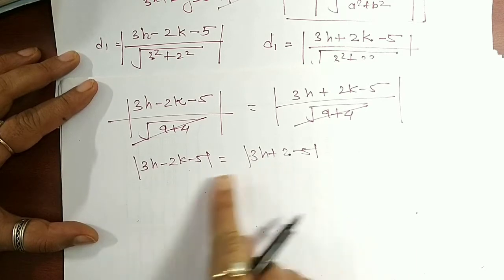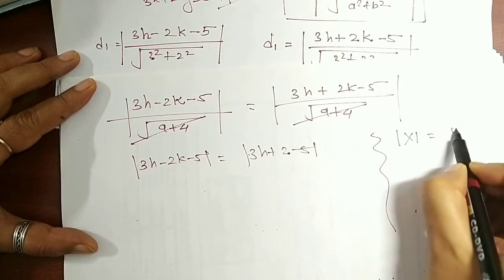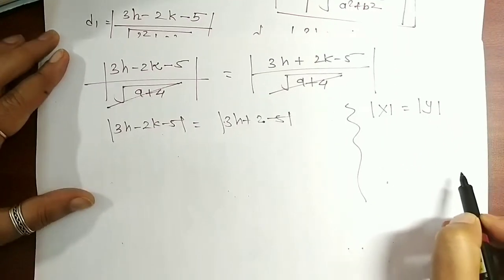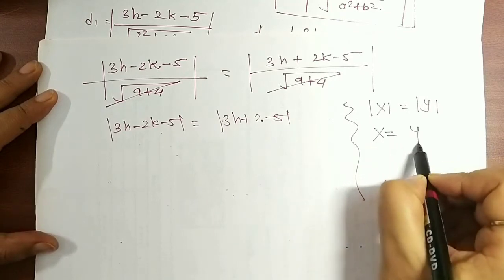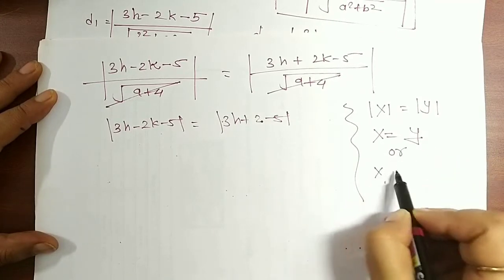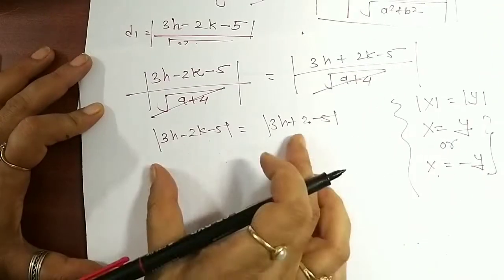Whenever there are mods on both sides, remember what do we do? If you have mod of x is equal to mod of y, how do we remove it? Either x will be equal to y or x will be equal to minus y. So we get two solutions. So I will do it here.